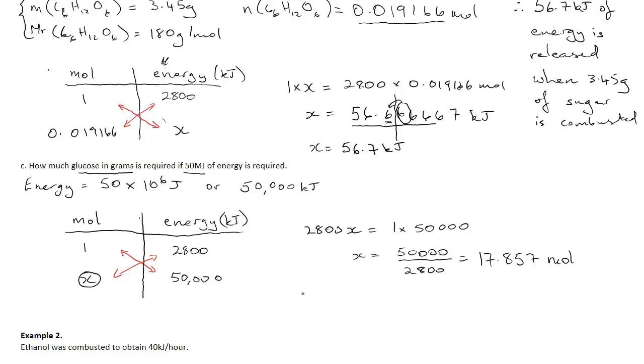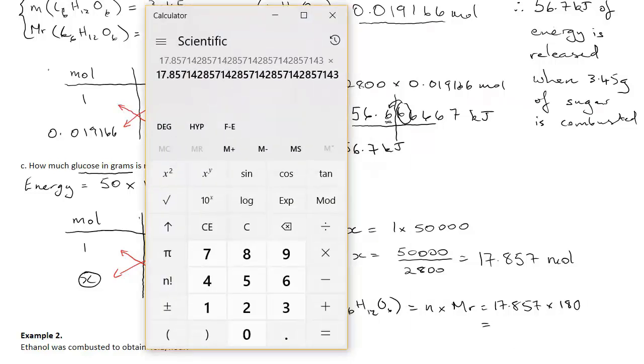Now, the next thing we need to do is convert the mole back into a gram value. So the mass of glucose: this time we take the mole and multiply it by the molar mass. So 17.857 multiplied by the molar mass of glucose, which is 180 grams per mole. So we're going to do that now, times 180.